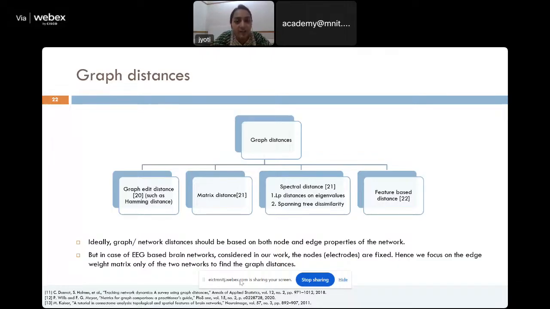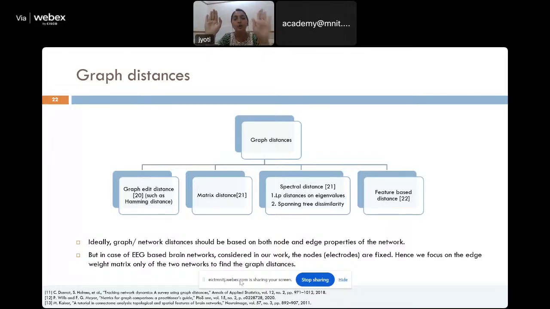Now, when graphs are there, obviously we will be talking about how much similarity there is between two events. One is speaking and the other is, suppose, motor activity. During speaking, different brain areas get activated together, so a different network will form. This will be a completely different brain state.